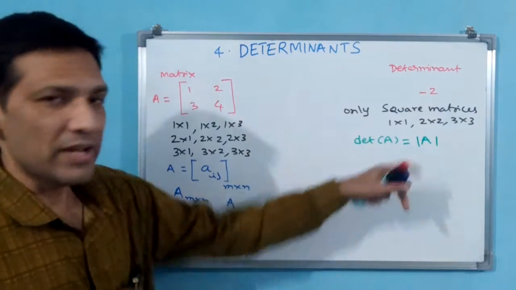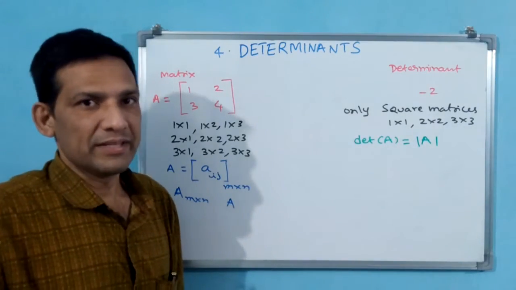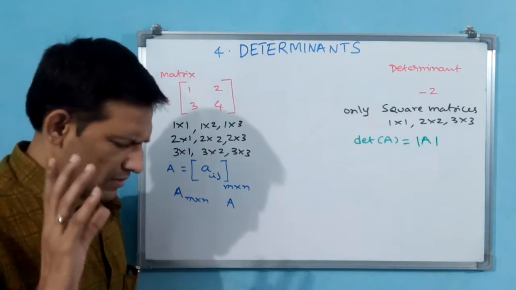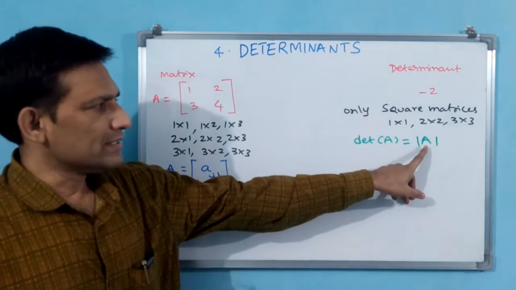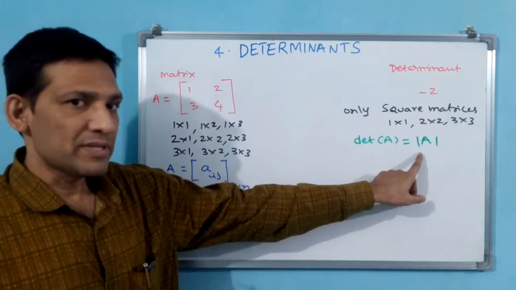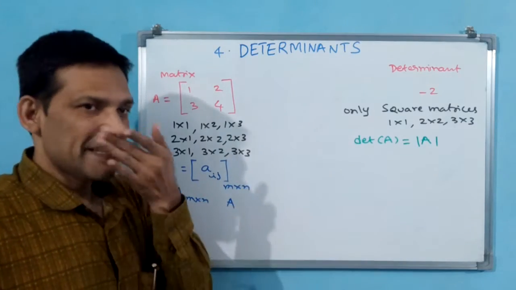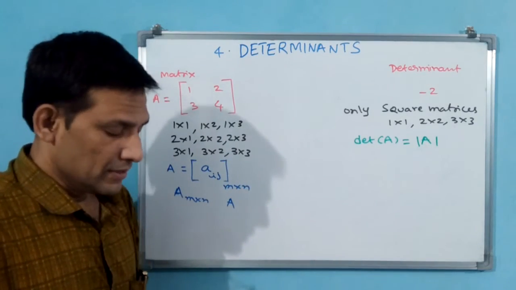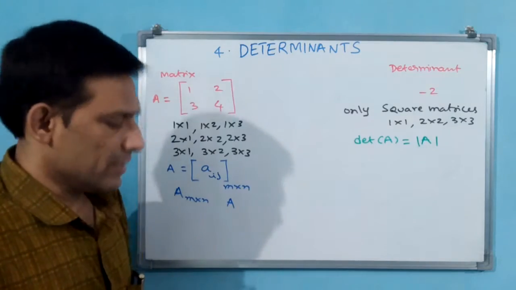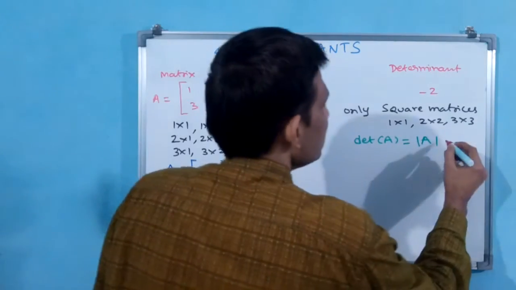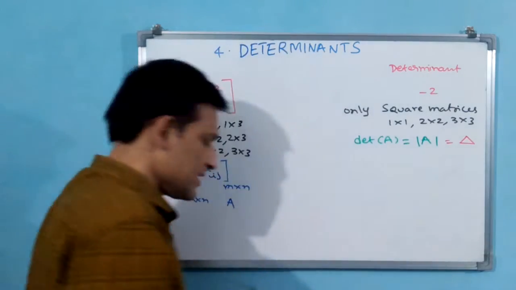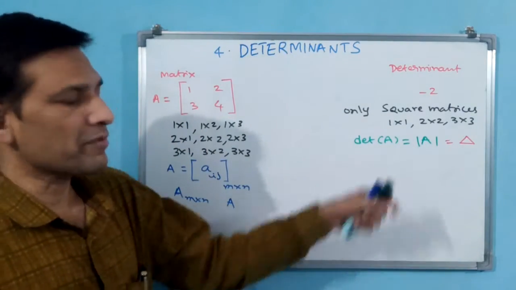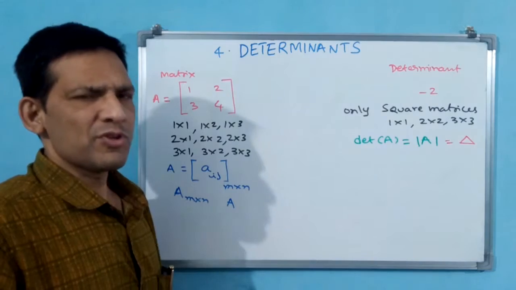This is not modulus, keep that in your mind. Why? Because if capital A comes inside modulus, you may think that is determinant. This is not modulus, this is determinant. Or else you can represent it by delta also. Delta is determinant. There are three types of representation you can use, but which is more popular?